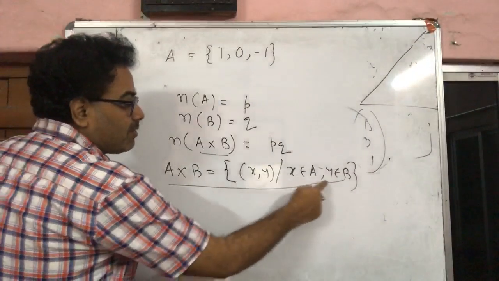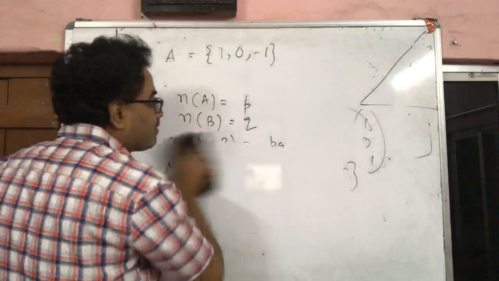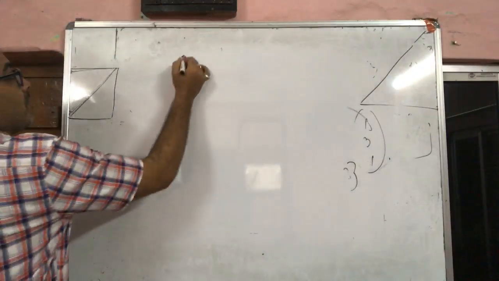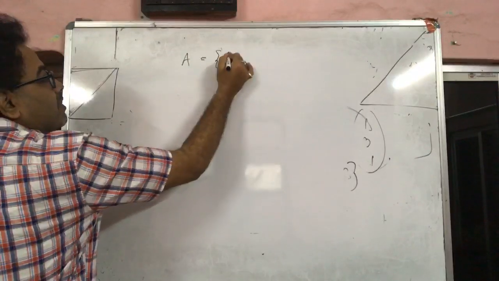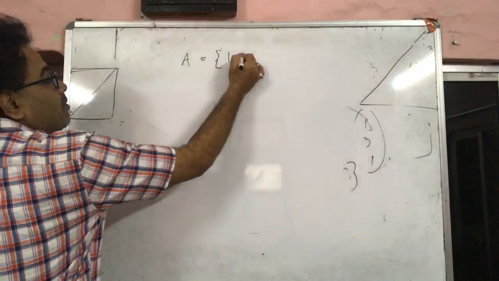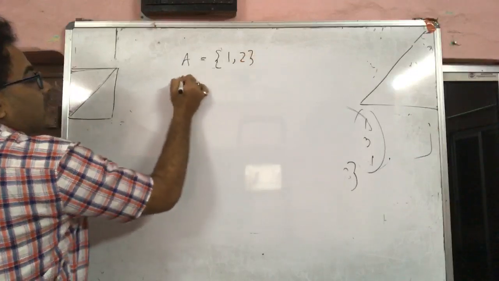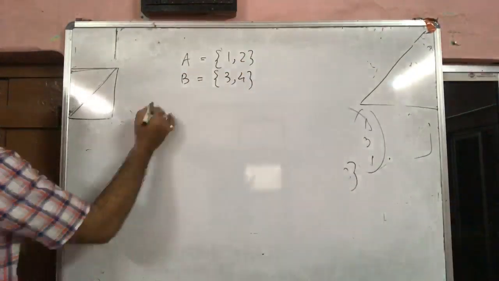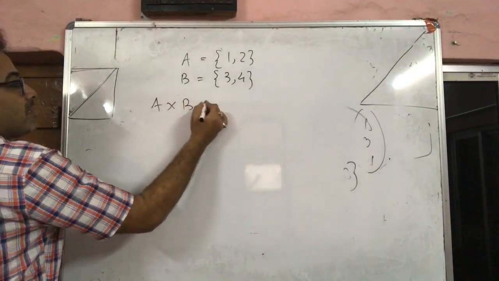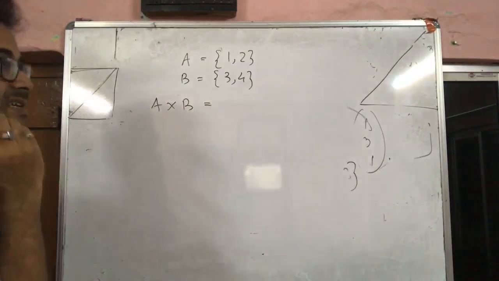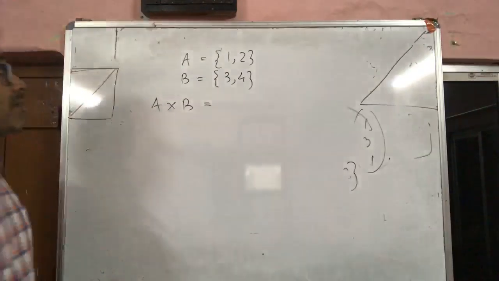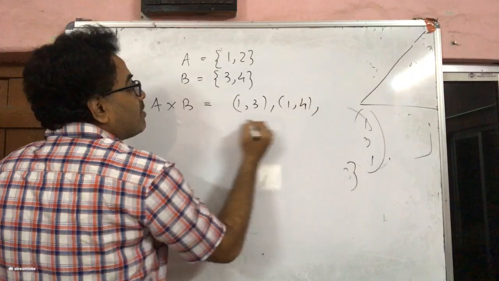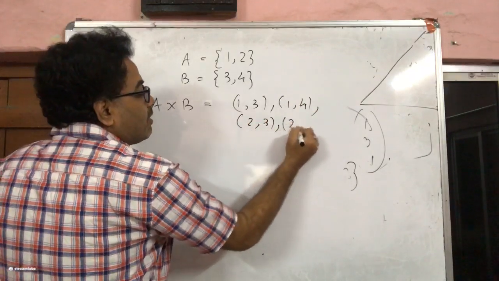X belongs to A and Y belongs to B. Now A is given 1, 2 and B is given 3, 4. Write down A cross B. 1, 3, 1, 4, 2, 3, 2, 4.